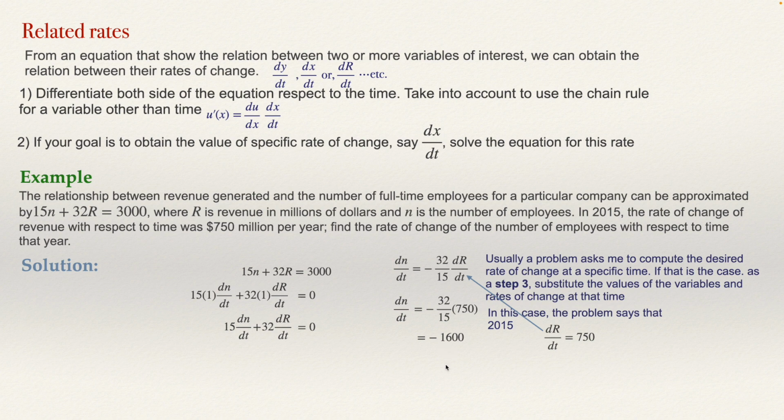So I'm going to say that in 2015, at the moment of the problem, the number of employees was decreasing at a rate of 1600 employees per year. Because the 750 was 750 million per year, the unit of time is year, so the 1600 is employees per year.